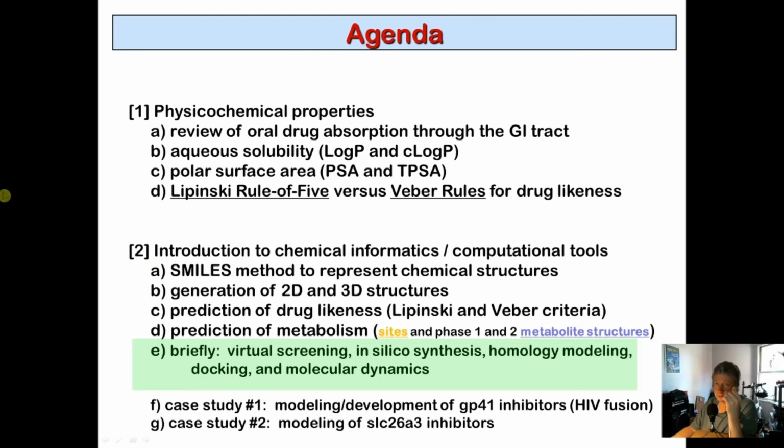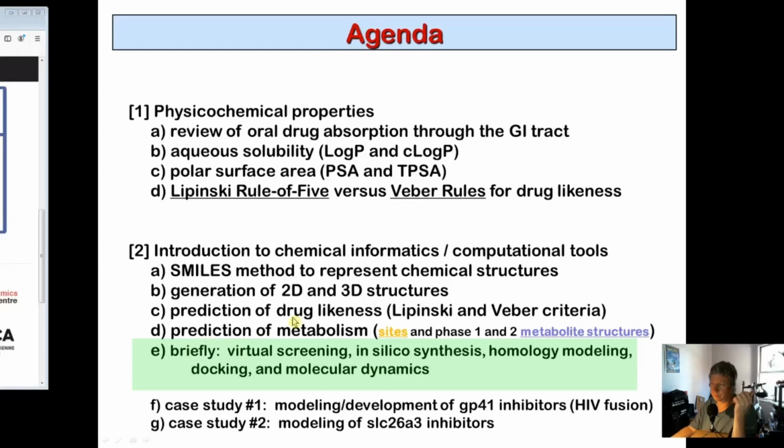Okay, let's see. Okay, so we are ready to get into the virtual screening, in silico synthesis, homology modeling, docking, and molecular dynamics section. What I'm going to do is wait on this, and maybe a little bit later in the night, I'm going to try the NERD server again. I want to finish all this other stuff before we move on.